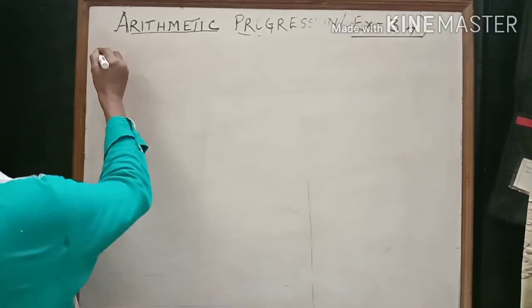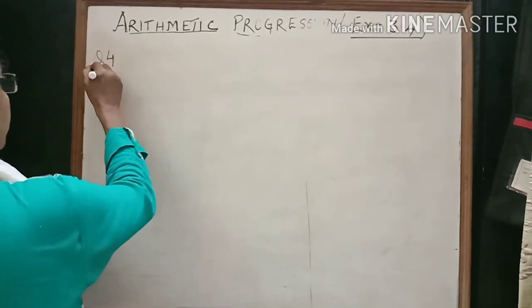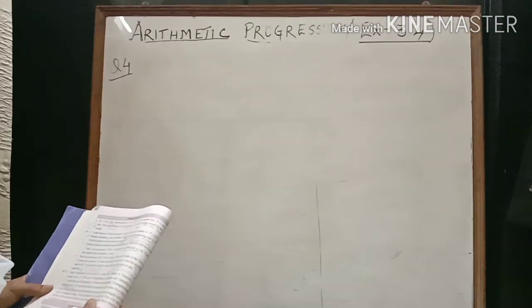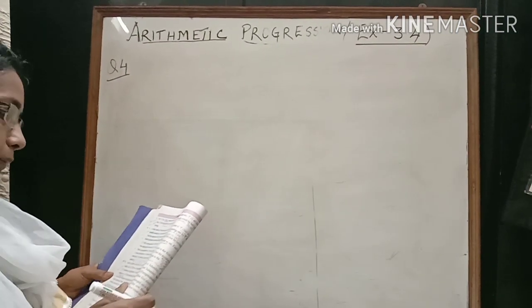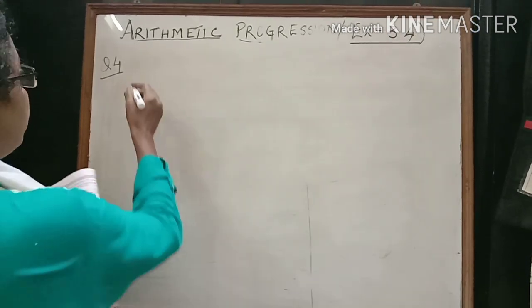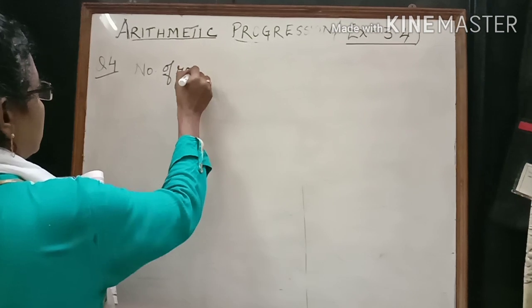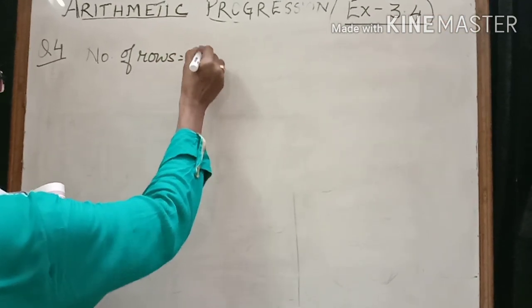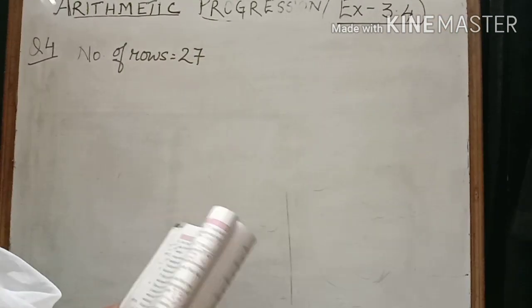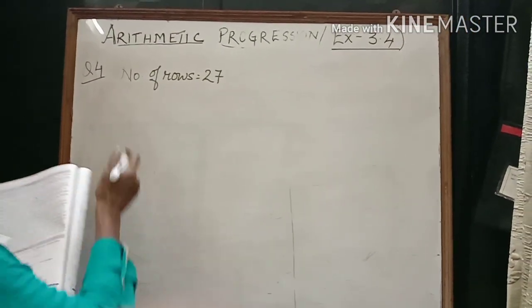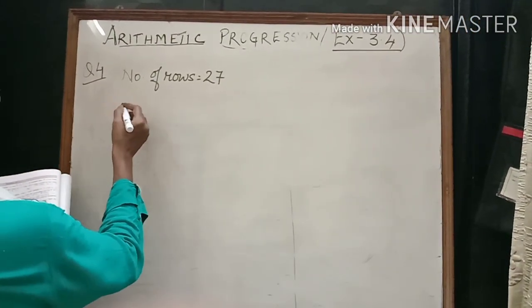Question number 4. Now there is an auditorium with 27 rows. So number of rows is 27. There are 20 seats in the first row, 22 in the second row. So we are writing the number of seats.